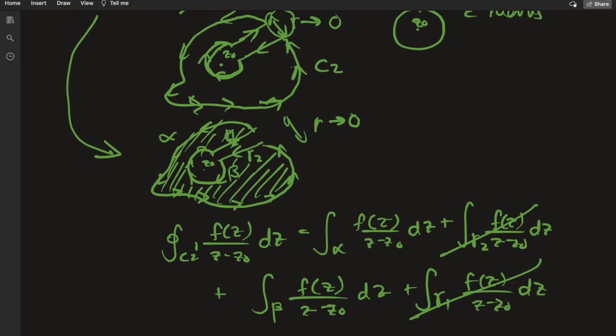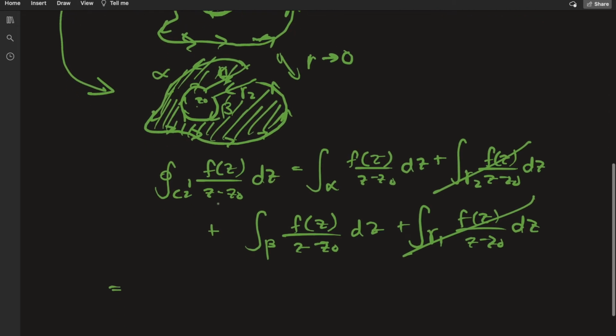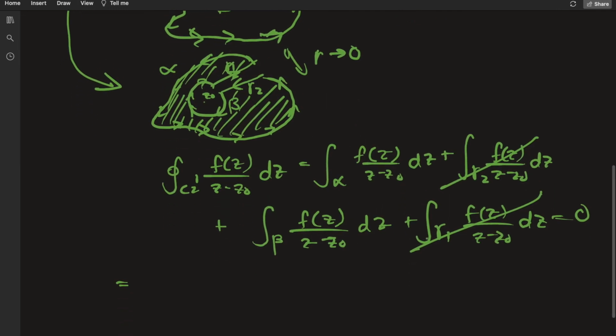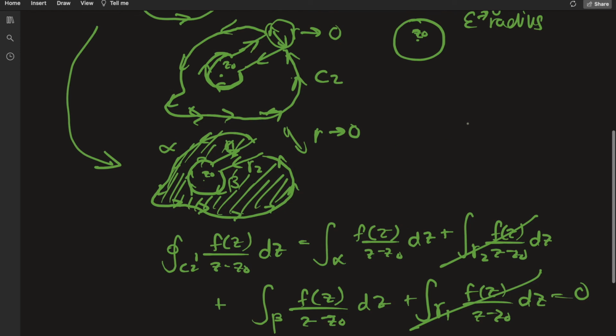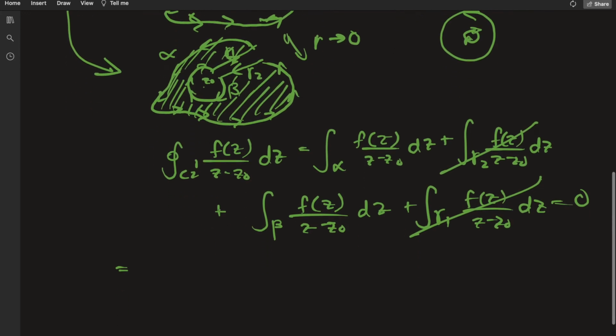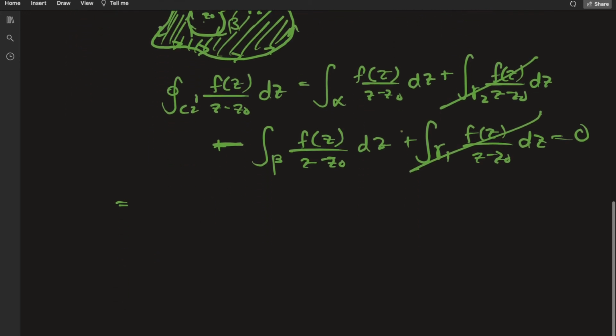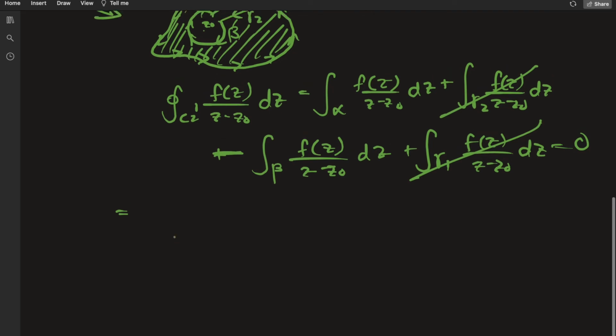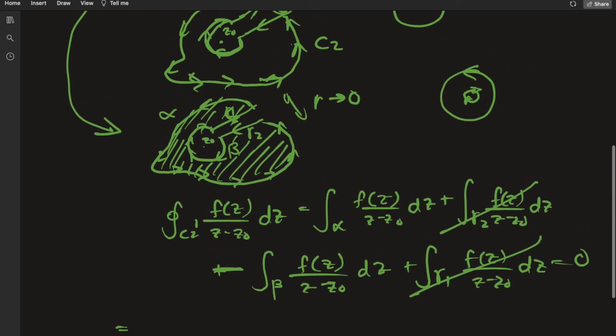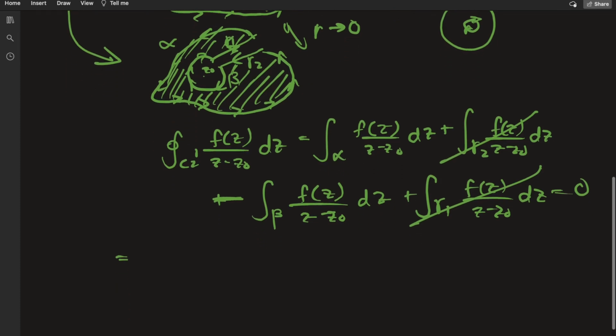Since z naught is outside, we can use Cauchy-Goursat on that, and we get 0. Also remark that alpha is going this way, which is anti-clockwise, and beta is going this way, which is clockwise. Hence the clockwise direction has to be negative, and this entire equation is equal to 0 by Cauchy-Goursat, because z naught is not in there. The function is completely analytic over this shaded part. You can apply Cauchy-Goursat.